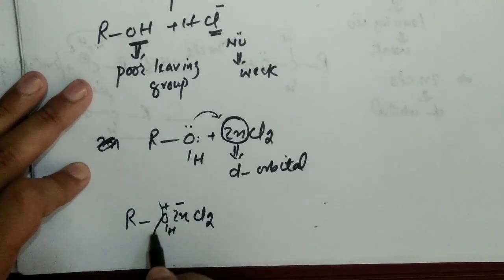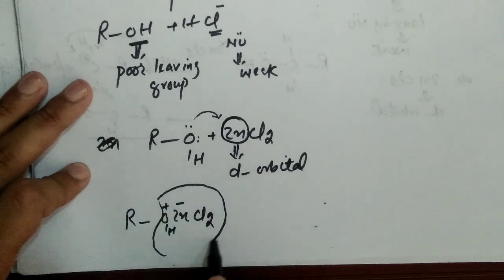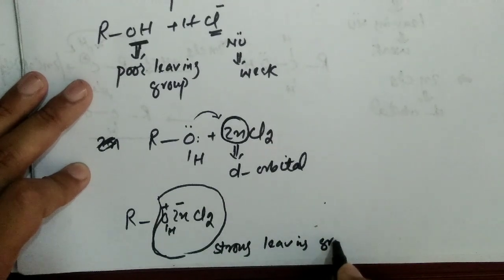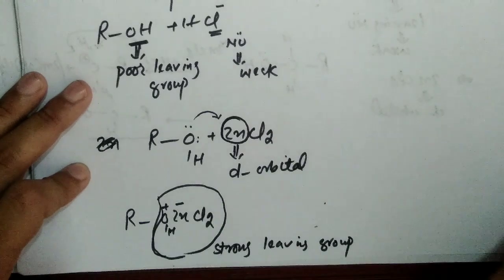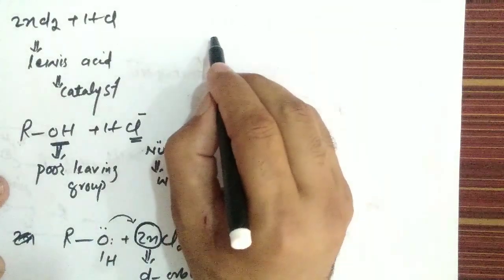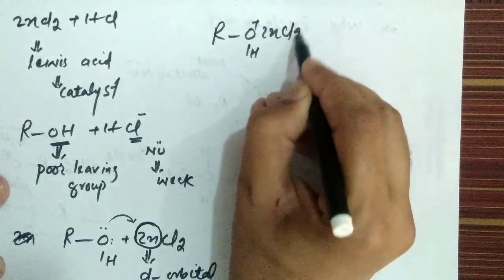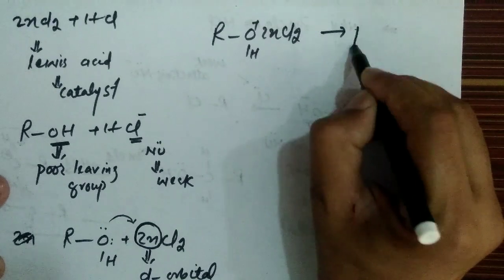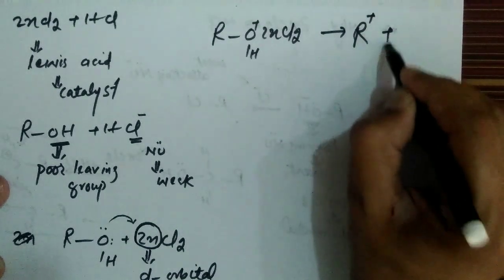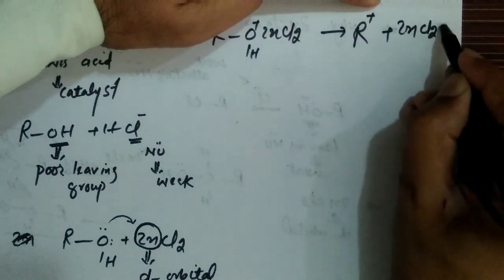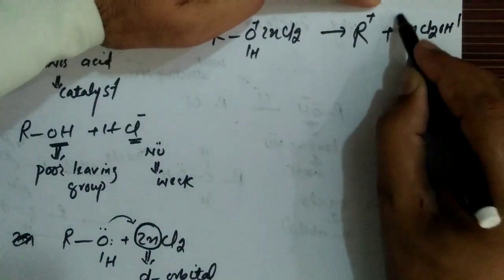And now this group as a whole is a strong leaving group. Now it departs and it produces R bond O positive, ZnCl2, it forms R positive plus ZnCl2OH whole minus.